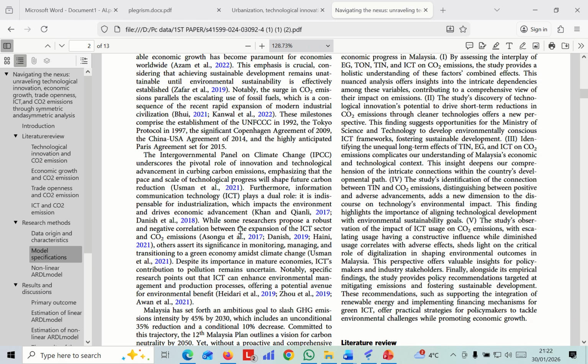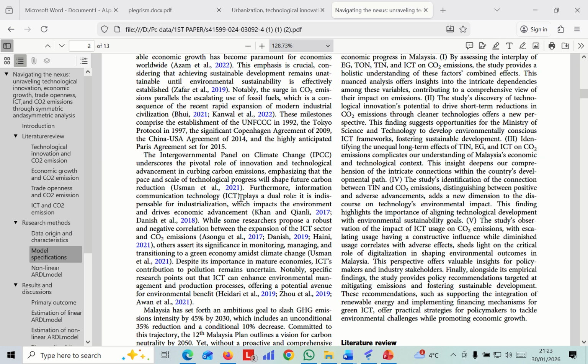In this paragraph, the author talks about the role of technology and ICT. After that, the author introduced technological innovation and ICT. They explain that technology can play a dual role. It can reduce emission by improving energy efficiency, or it can increase emission due to higher energy use.